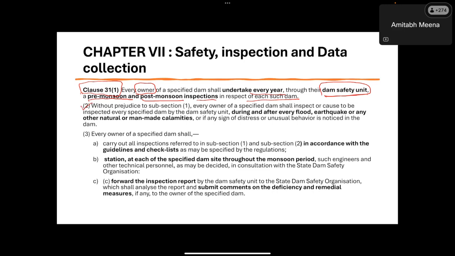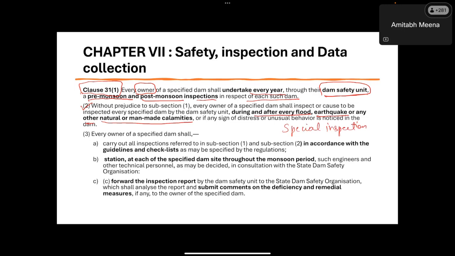Other than that, if there is a situation like after every flood, or if there is an earthquake or some other natural or man-made calamity, then there is also a need to do a safety inspection. This special inspection is covered under subsection 2 of section 31.